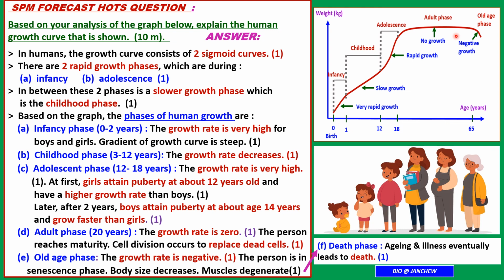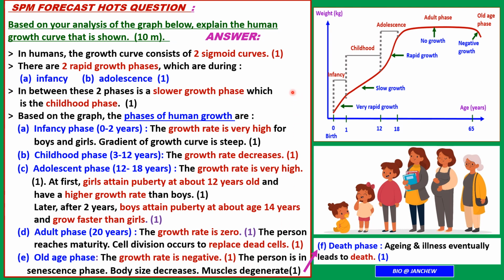Doesn't cause the bones or the size of the person to grow anymore. After that, around the age of 50, 60 years old and beyond that, the growth rate becomes negative, because the individual is undergoing senescence. So size of body decreases and muscles degenerate in old age, right?